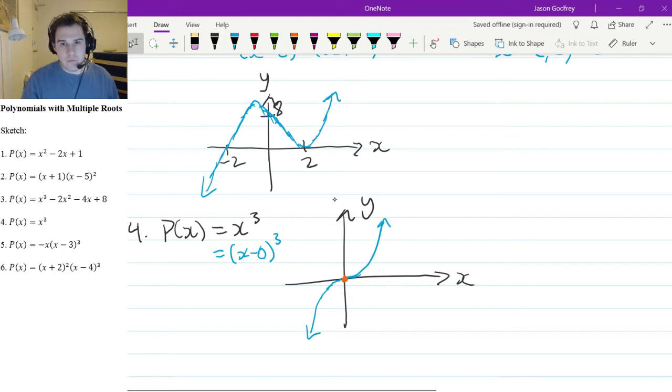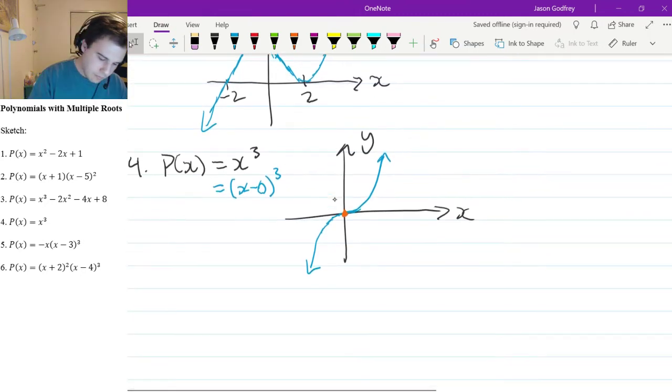So when we have an odd power, so for example a triple root, or you can extend this to a fifth, quintuple root, and I don't know the exact terminology there, then any odd power will have this little swervy thing happen, right?